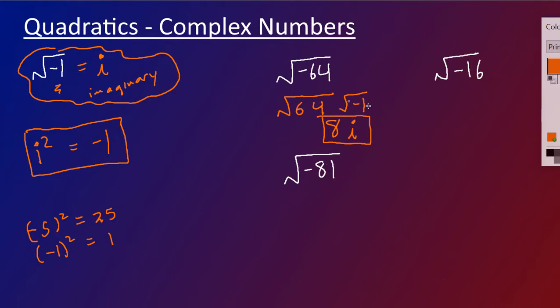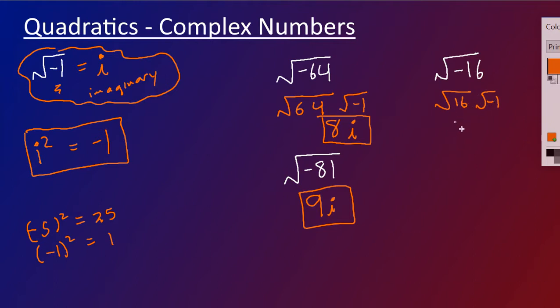So we don't necessarily have to show all that work. We could just say, all right, we recognize this is the square root of a negative, therefore the square root of 81 is 9, and since it was negative, I'll have i as my imaginary component there. And the square root of 16, again, I'll just show that work one more time. So I have the square root of 16, and I move that negative out, because if I multiply those, I get -16.